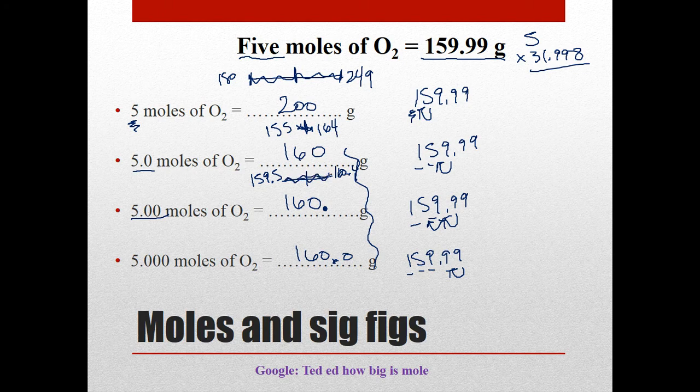My range is getting much, much smaller. And here we get smaller again. So now this is saying somewhere between 159.95 and 160.05. It's a tiny little range of deviation in my measurement. So the more sig figs we have, the better we can trust that measurement, the less deviation we have.